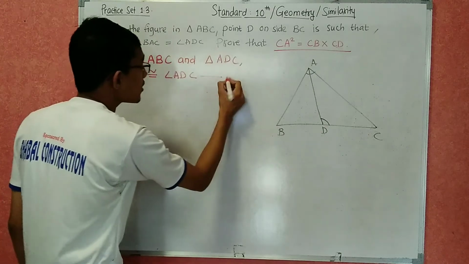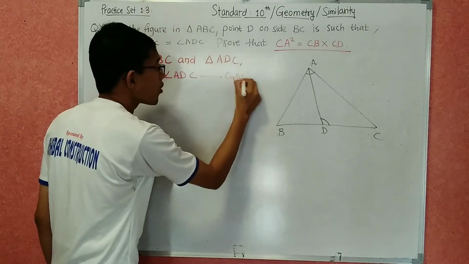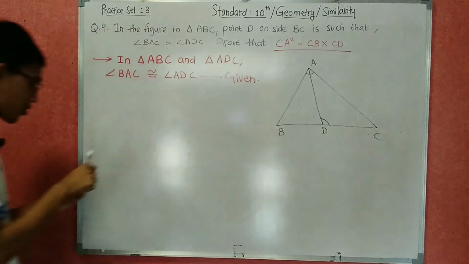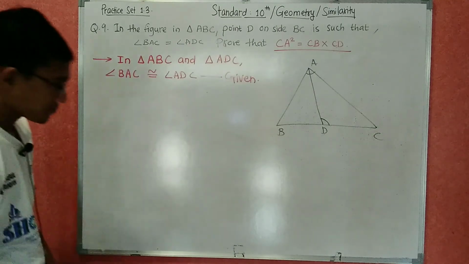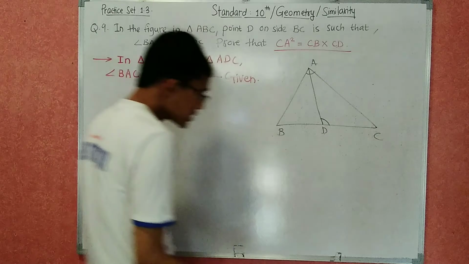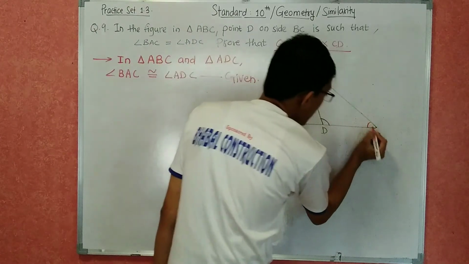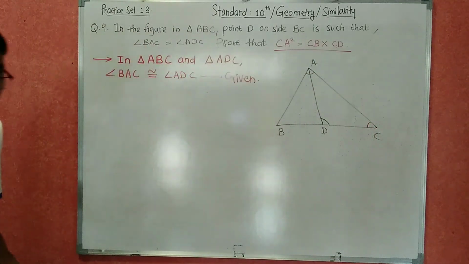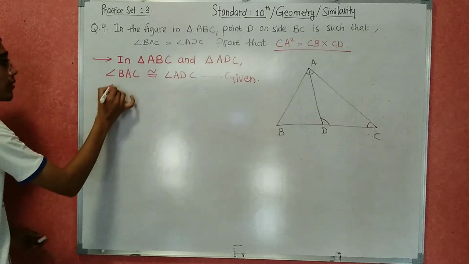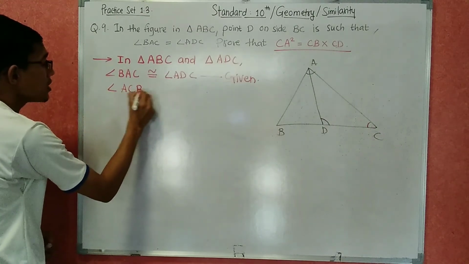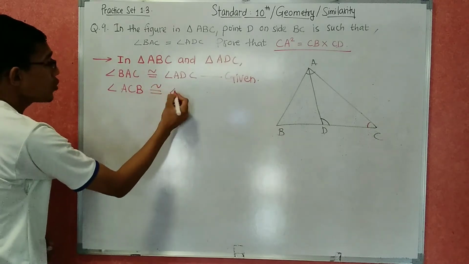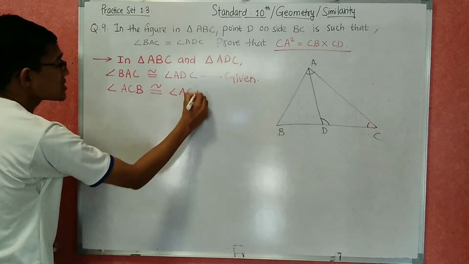So I will write given. Okay, so it is from given. Then this particular angle is common in both the triangles, so I can write angle ACB is congruent to angle ACD.